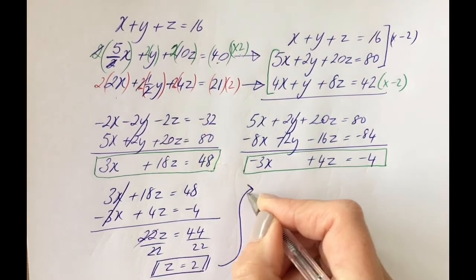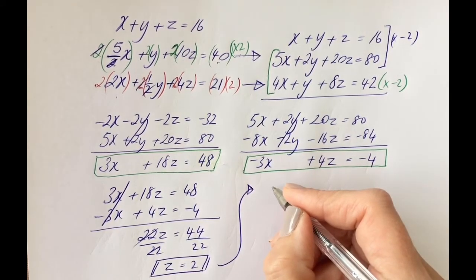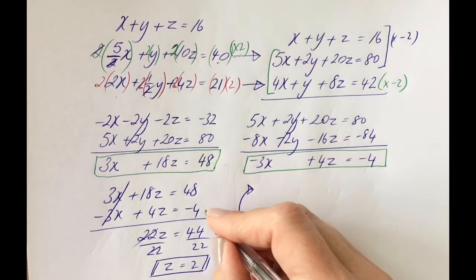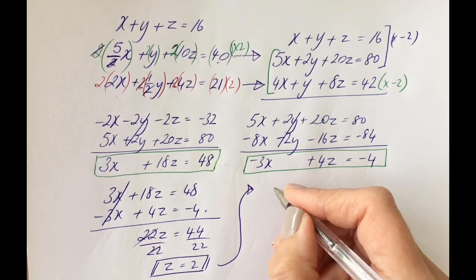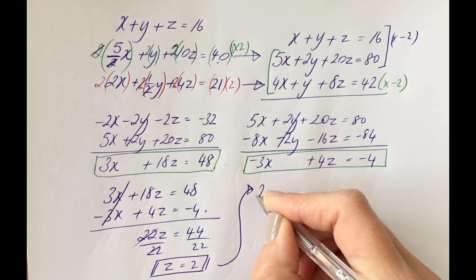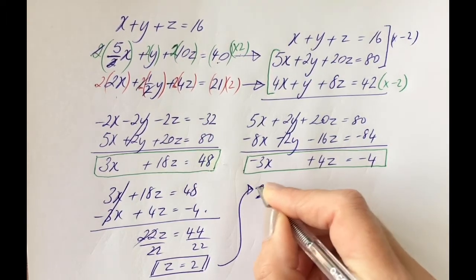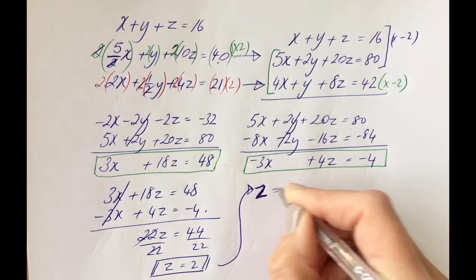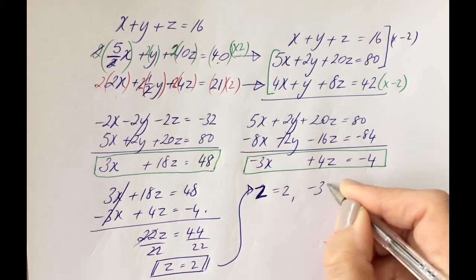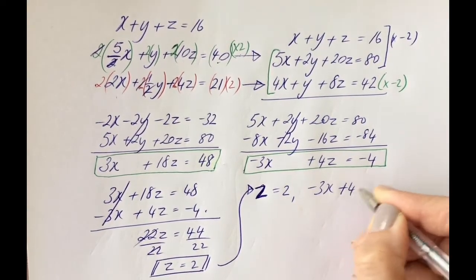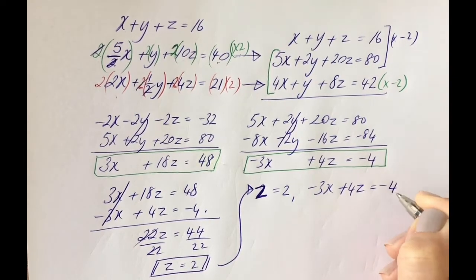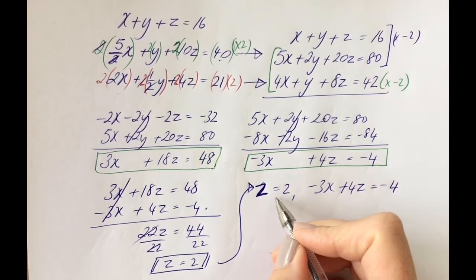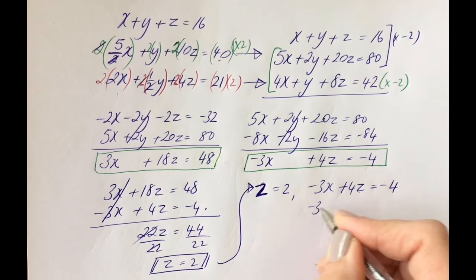Subbing that back in then to one of my original, and I'm going to go with the bottom one just because it's nice, easier numbers than this. So I have z equals 2, and I'm subbing it into minus 3x plus 4z equals minus 4. So instead of z, I'm going to sub in 2.